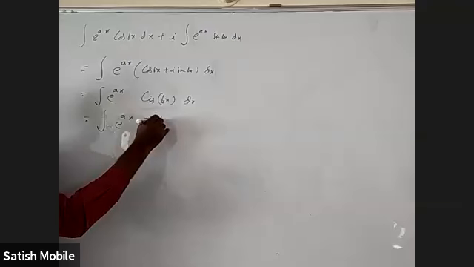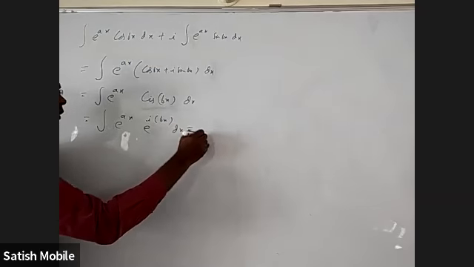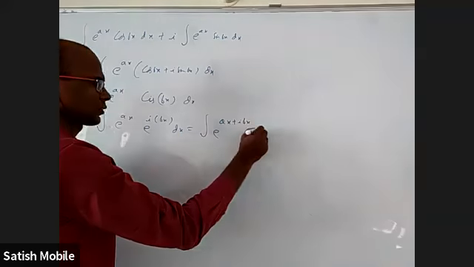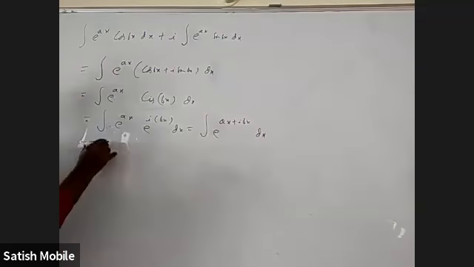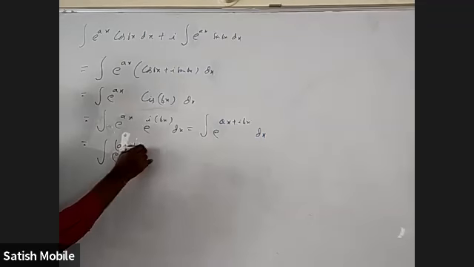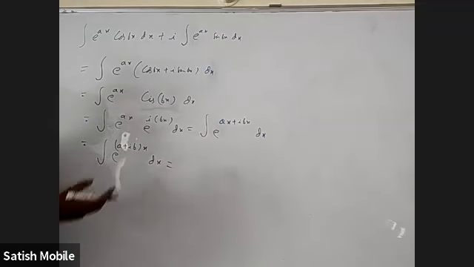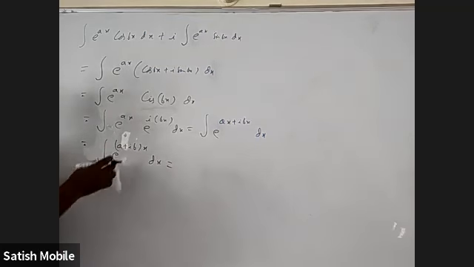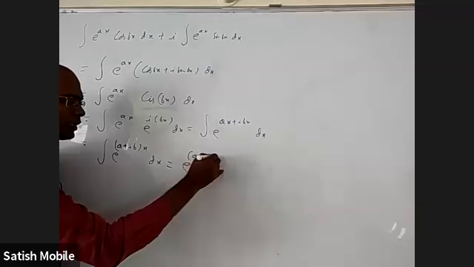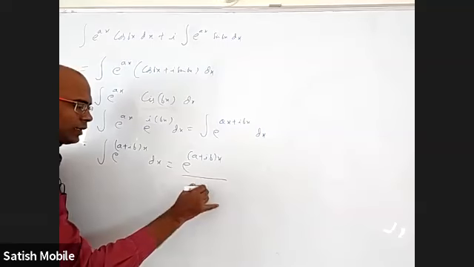So you can write e power ax plus i bx dx, which is integral e power (a plus ib) times x dx. It is simply e power some constant into x. Integral of e power kx is e power kx by k, so I can write e power (a plus ib) x by (a plus ib).